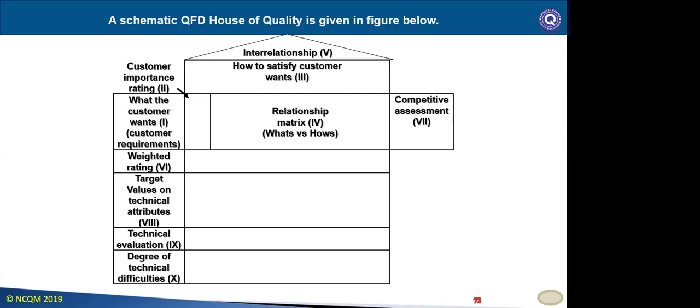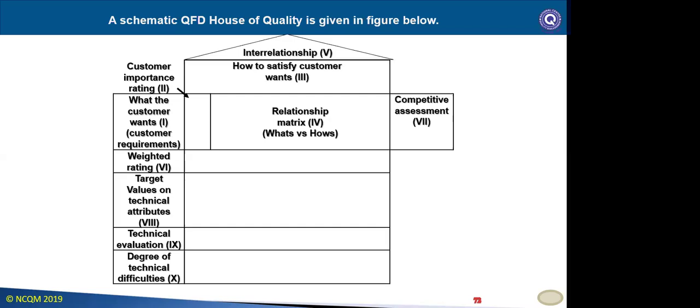So we will look at target values on the technical attributes, and then we will evaluate whether we should do it or not do it. And once we arrive at, okay, we need to do it, then what is the degree of technical difficulty? If you want to do that, how difficult or how easy is it to do?